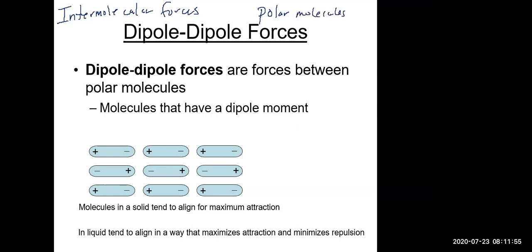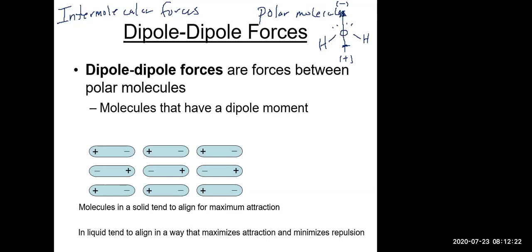If you have a polar molecule, for example, like water, it has what is known as a dipole moment, that big arrow, which means there's a negative side of the molecule and also a positive side of the molecule. Ultimately, that's what it means when something has a dipole moment and is polar.